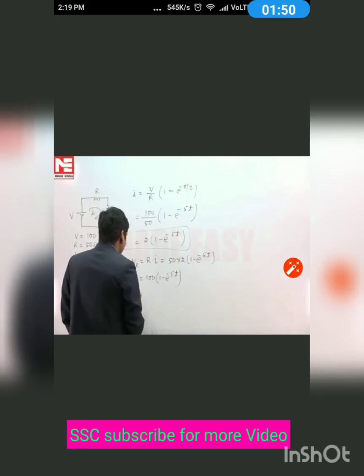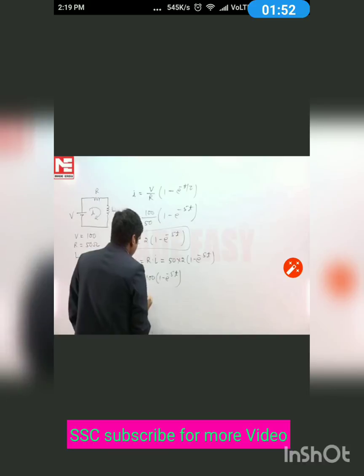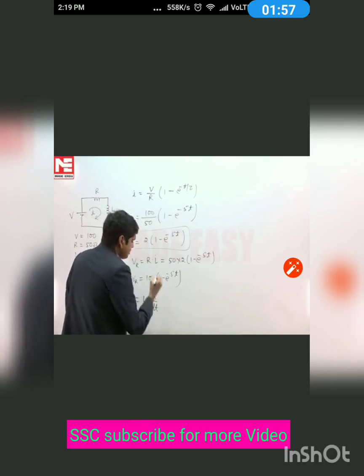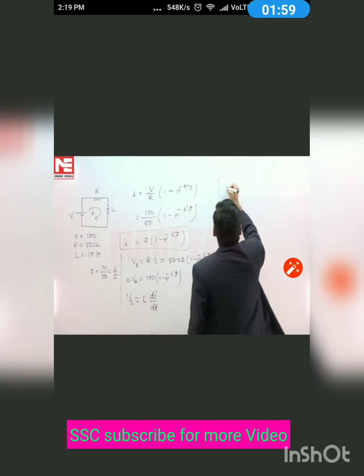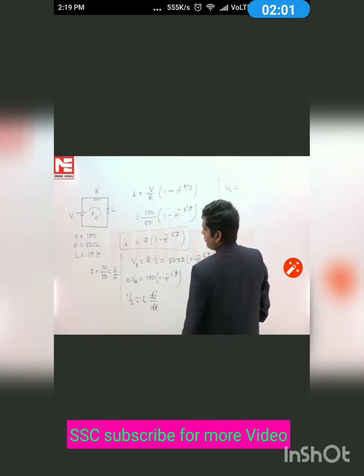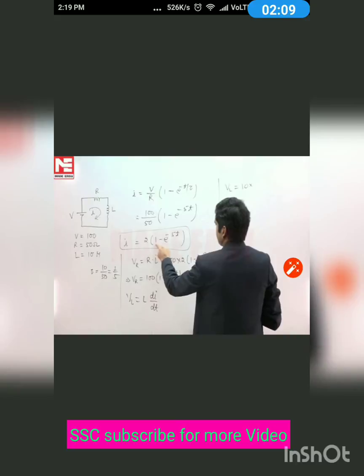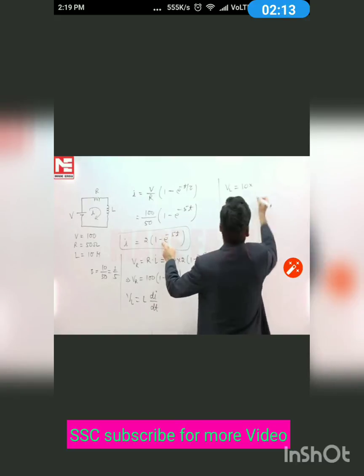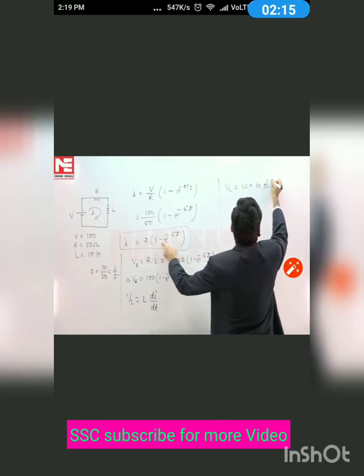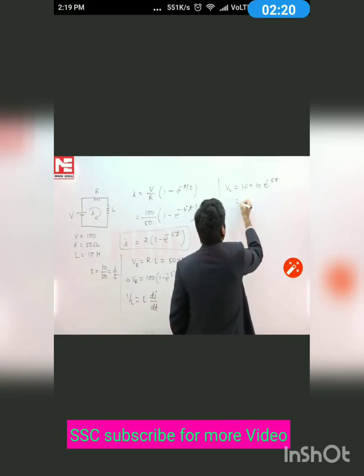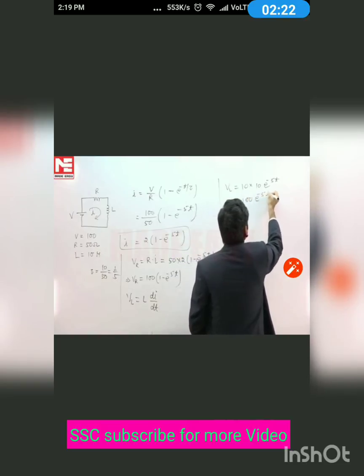And VL value, voltage across inductor, is equal to L di upon dt. So now VL can be written as L value is 10 into di upon dt. If you differentiate this, this will become 0 and 2 and this 5, 10. So 10 e to the power minus 5t, that is 100 e to the power minus 5t.